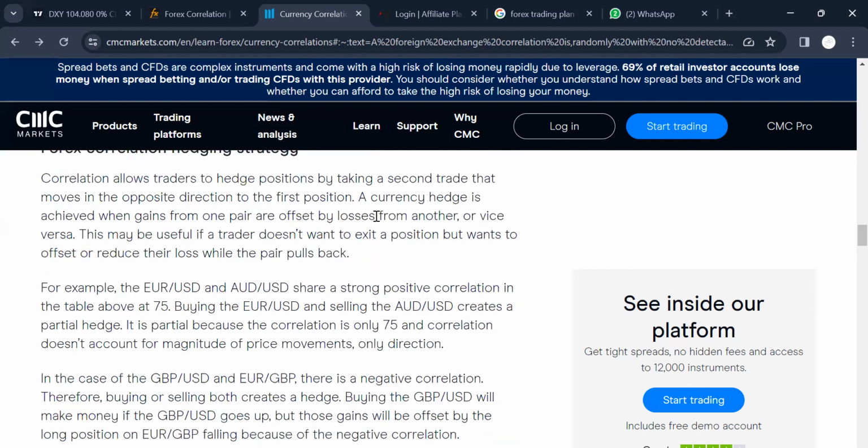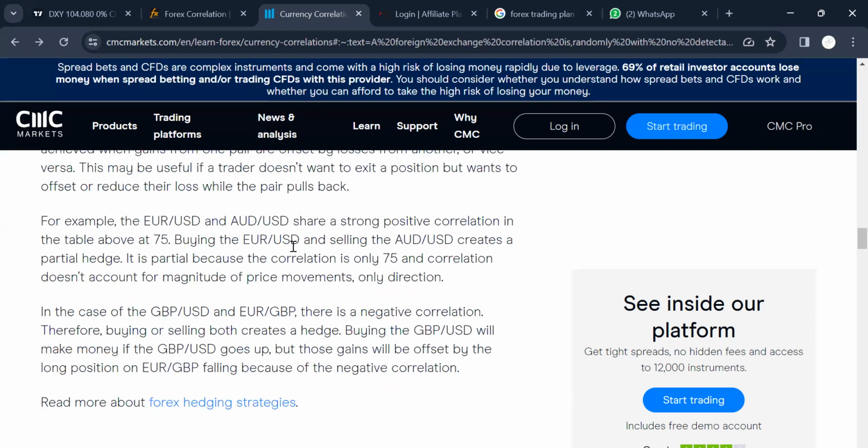Right? Yes. Now, buying the EUR USD and selling the AUD USD creates a partial hedge. It is partial because the correlation is only 75 and correlation doesn't account for magnitude of price movements, only direction, right? In the case of the pound USD and then this, the EG, there's a negative correlation.